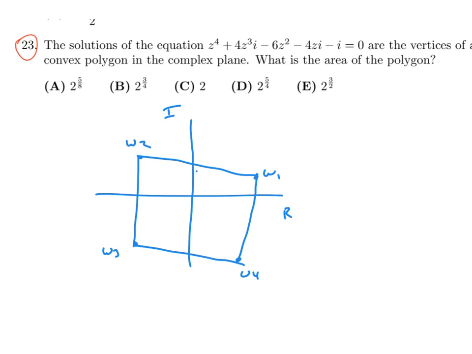All right, so just to finish up, I know my drawing's a little sloppy here, really sloppy. Basically, we know that we're dealing with a square. That's the side, that's the side.